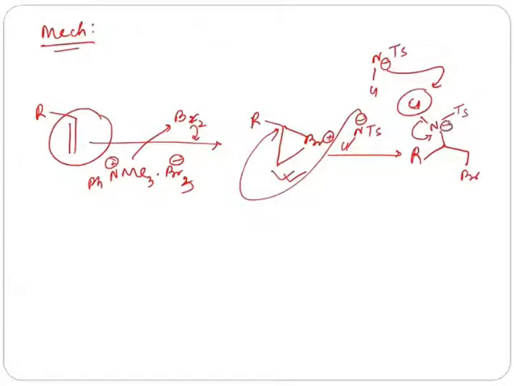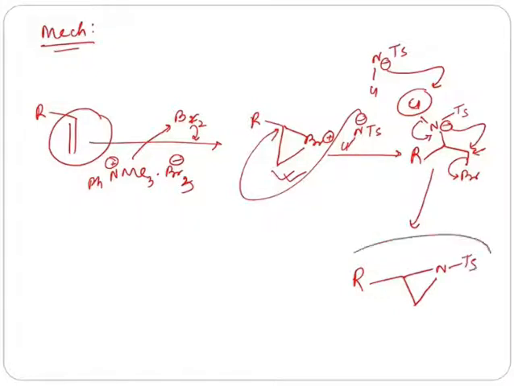The nitrogen will get anionic charge, and this anionic charge will attack this carbon, and then bromine will go out as a good leaving group to form the N-tosyl aziridine ring. So by that way, by chloramine T or bromamine T, we can synthesize aziridine ring.